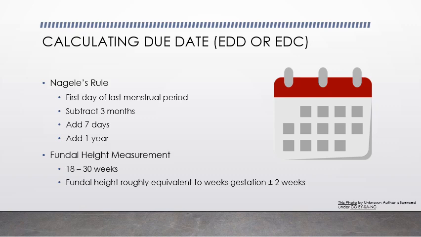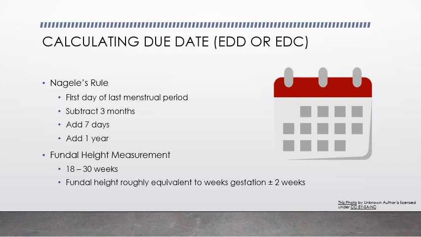So if we're going with, say, the 20th of February, we would subtract 3 months and we would get November 20th of 2022. Then we would want to add 7 days to that, and we would come up with November 27th of 2022. And finally, you add a year. So a woman whose last menstrual period was February 20th would have a due date of November 27th of 2023.